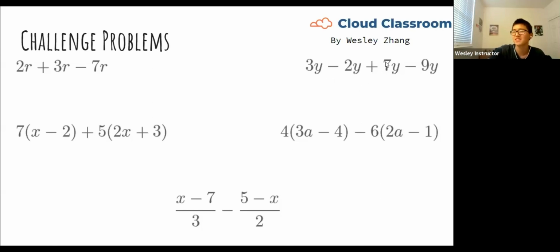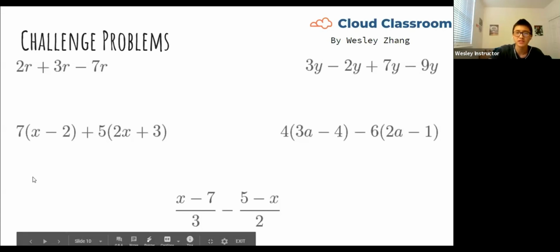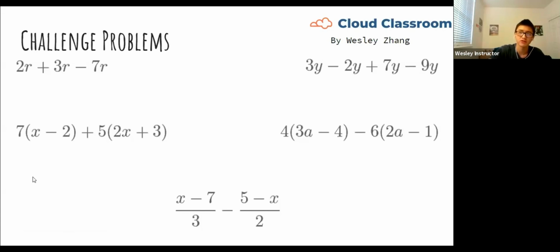And 8y minus 9y, that's negative y, or negative 1y. When it's negative 1y, we more commonly say negative y. We just ignore the 1 because we know it's there.